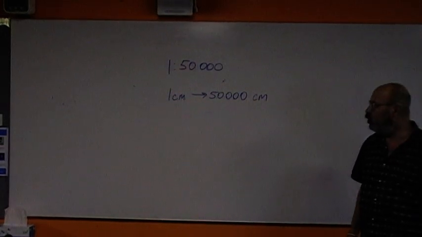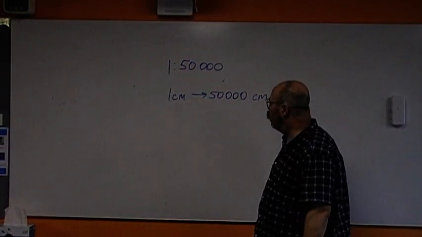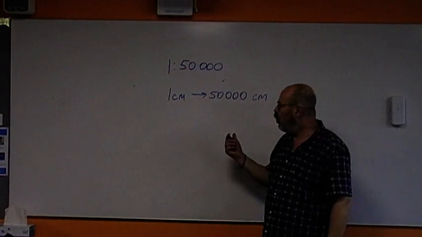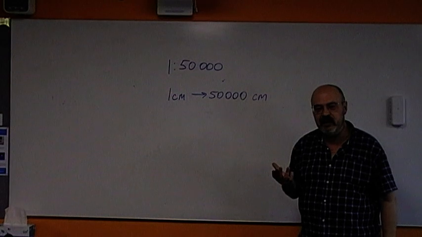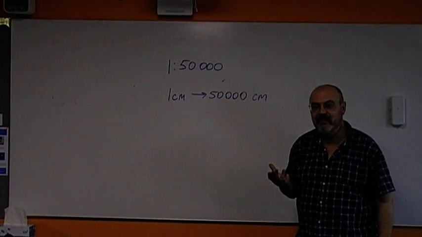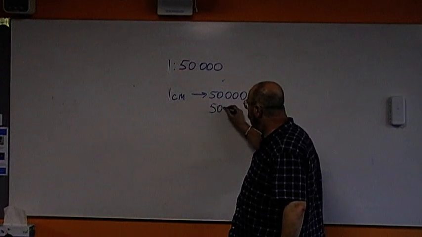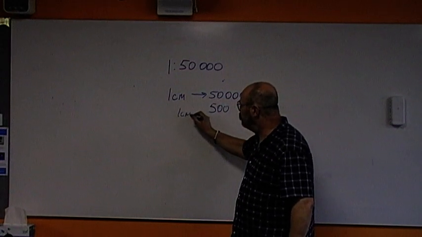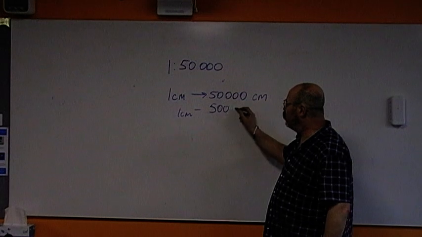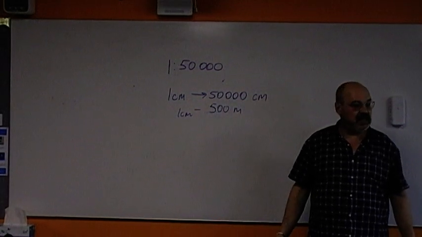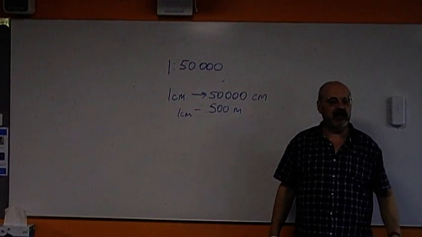What is 50,000 centimeters in meters? How many centimeters in 1 meter? 100. It will be 500 meters. So 1 centimeter represents 500 meters. That is a scale that is given on each map.